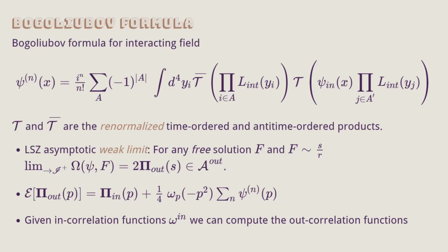Okay. Any other question? Now I have skipped a bunch of calculation in going to the next one. But what you do is you have this limiting definition of what your field operator at infinity is, and you have this formula for how to construct the interacting field in the bulk.